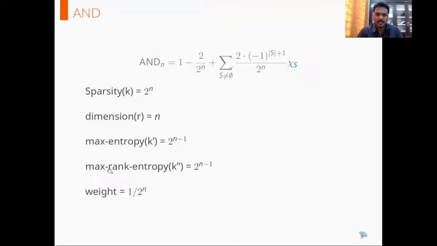Again, max rank entropy is the smallest t such that the Fourier coefficients which are greater than 1/t generate the support. If you take Fourier coefficients greater than 1/2^(n-1), they generate the support.